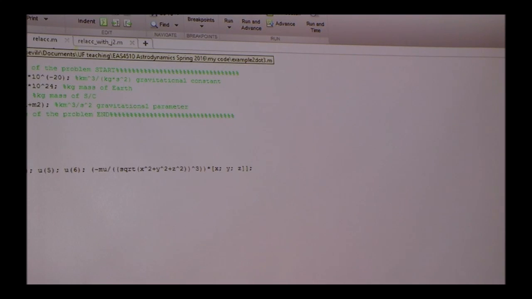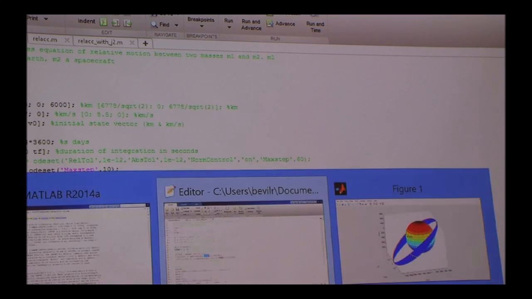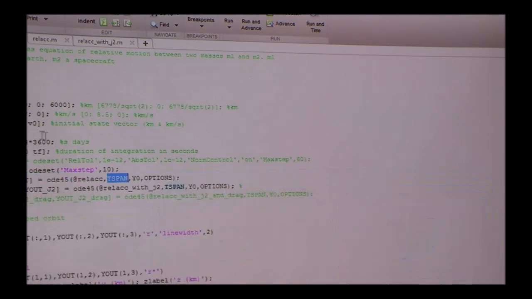This function is trying to simulate r double dot equals minus mu over r cubed r. And in t-span, you tell it what is the interval of integration. In this case, I go from time 0 to a final time that I'm defining here as 30 days.